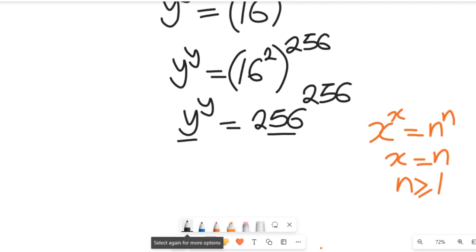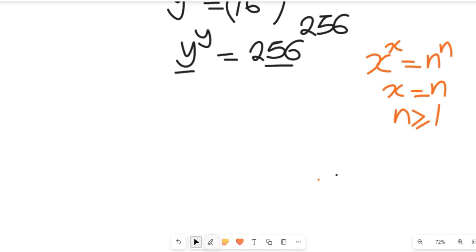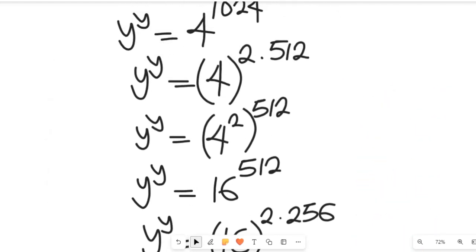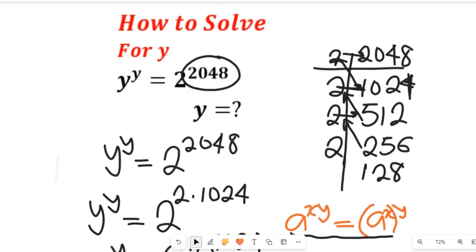If we apply that to this expression, you'll see that y will be equal to 256. So y equal to 256 is the solution that satisfies the tricky exponential equation we are given up there.